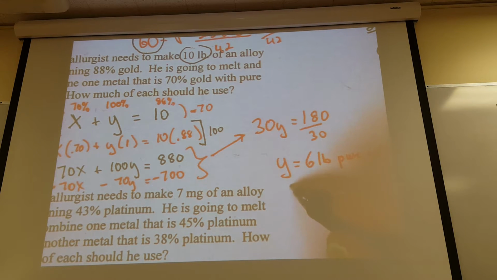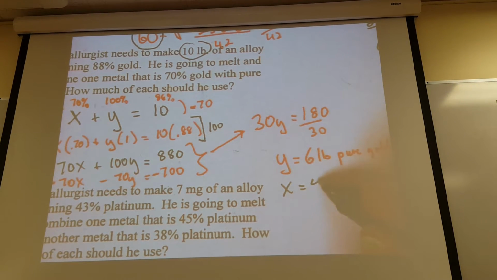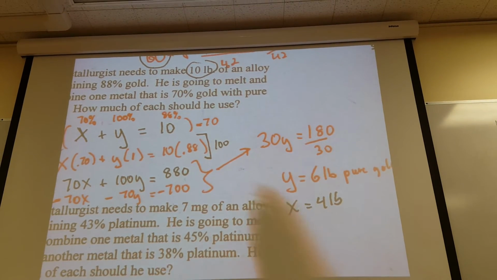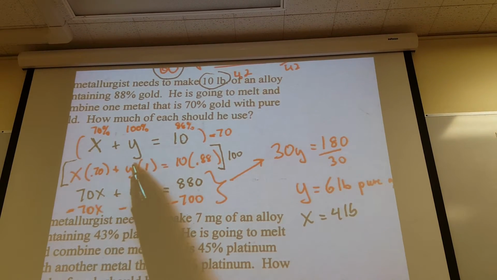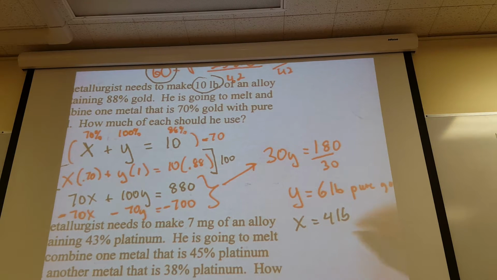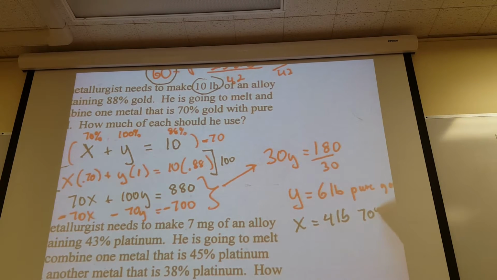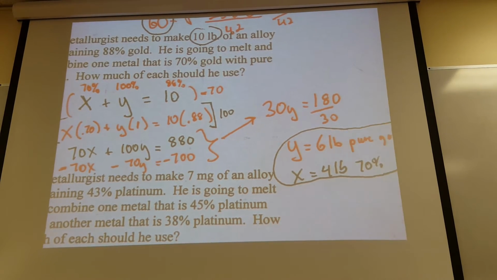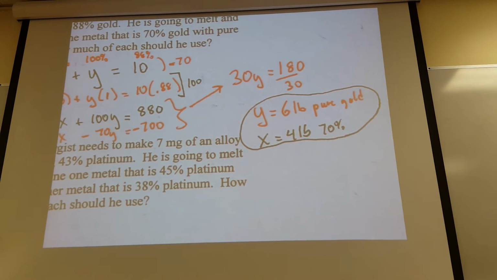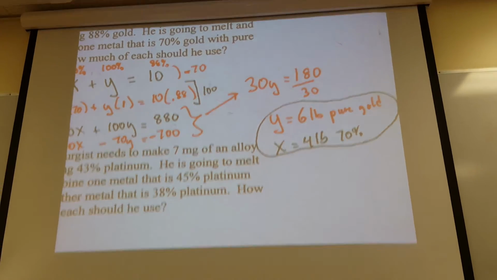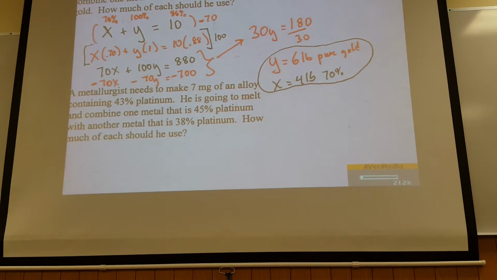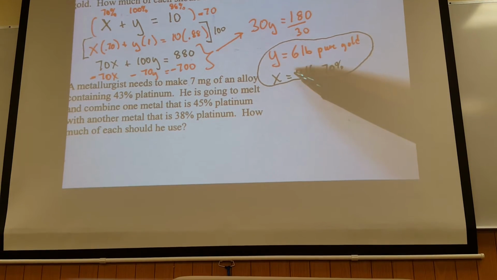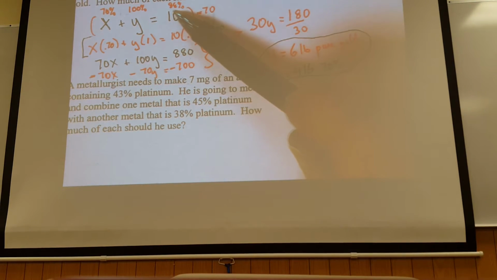Now, x is going to be 4 pounds. How in the heck did I get 4? Because x plus y is 10. So I get 4 pounds of 70% gold. So that's what you need to write down. So you have 6 pounds of the pure gold, add it to 4 pounds of 70%, and that will give you a mixture that's 88%.